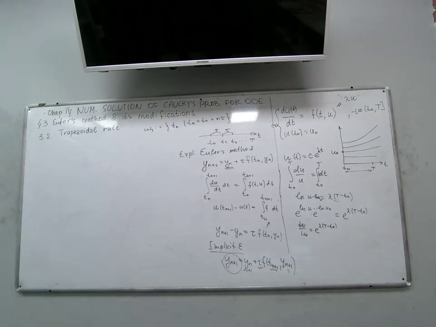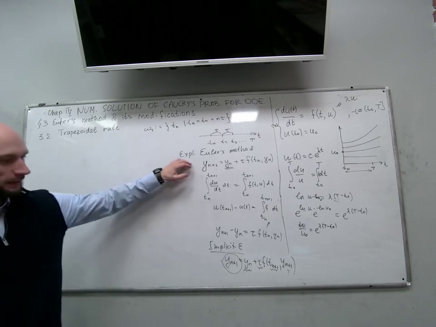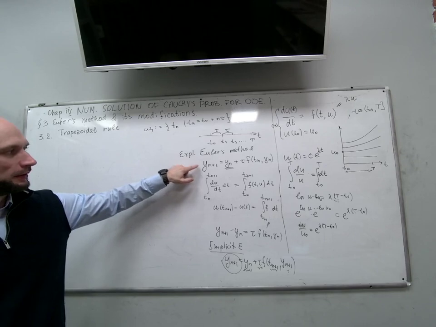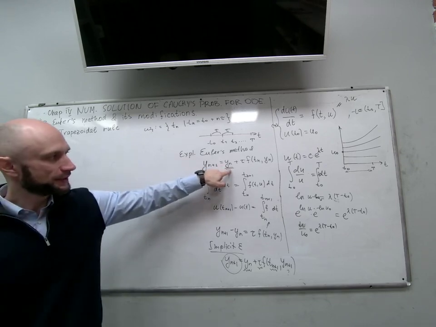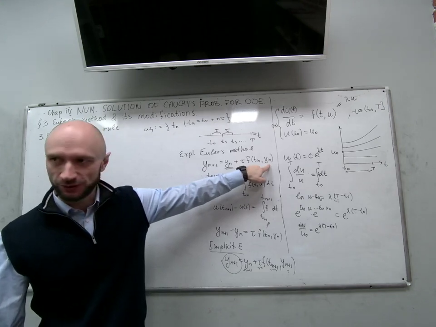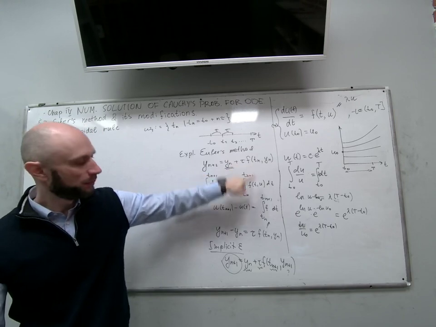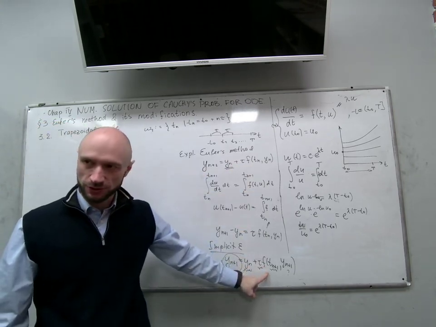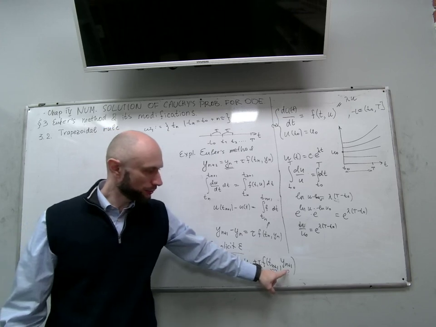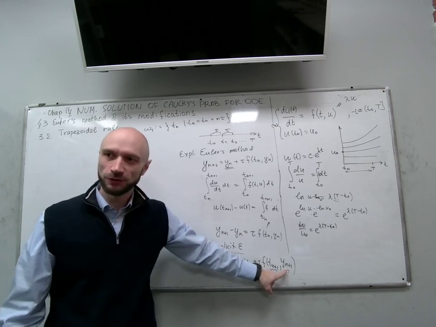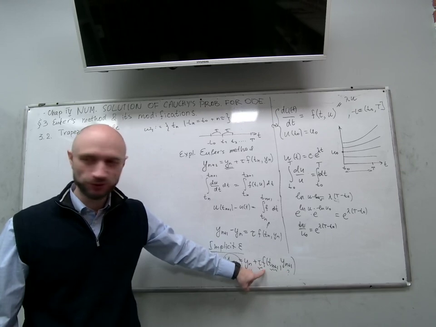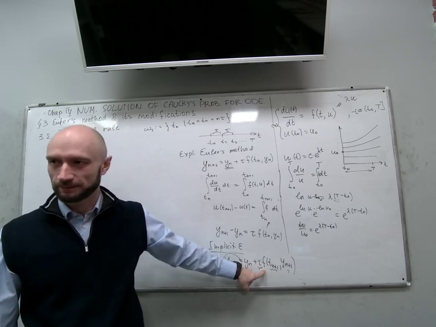Yes, we put yn there, so you can calculate the value of this function. But the situation has changed. You do not know this value, so you don't have anything to put here to calculate the value of function f.